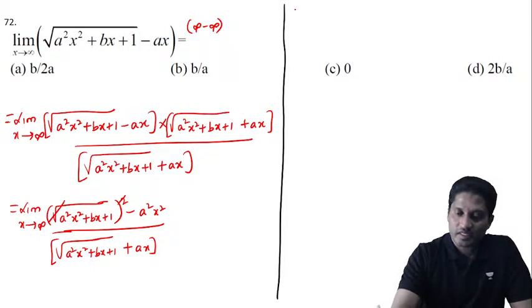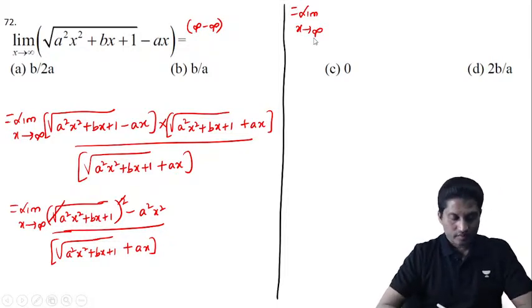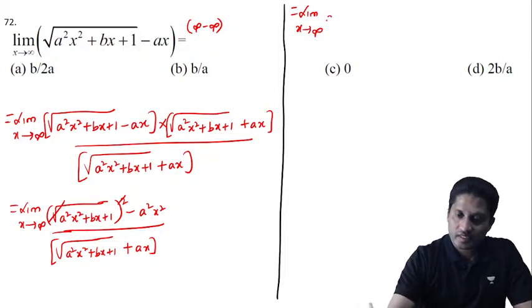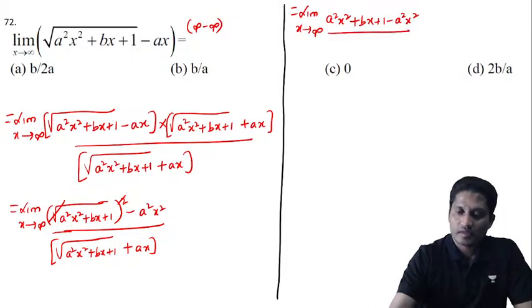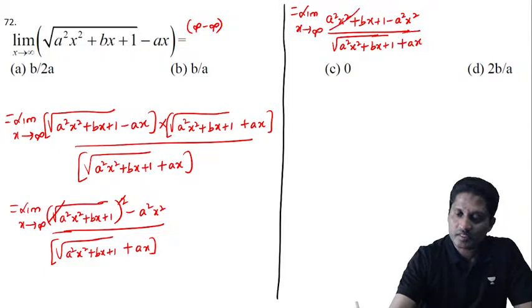I'll get limit x tending to infinity of a square x square plus bx plus 1 minus a square x square, whole divided by root of a square x square plus bx plus 1 plus ax. This will cancel.